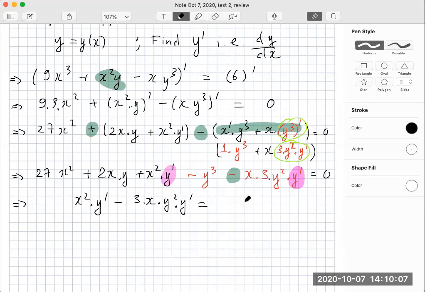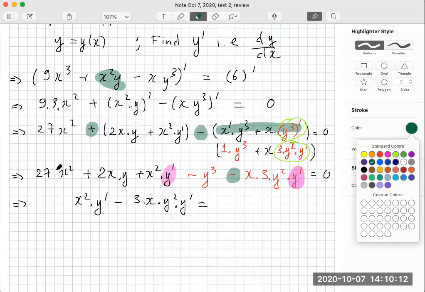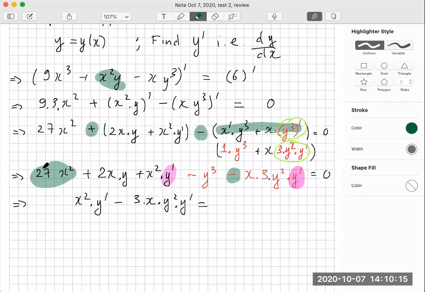The right-hand side, we'll have this term. And how does it become? Negative 27x squared. Very good. Remember, when you move terms, change the signs. And what else? Minus 2xy. Very good. And plus y cubed.